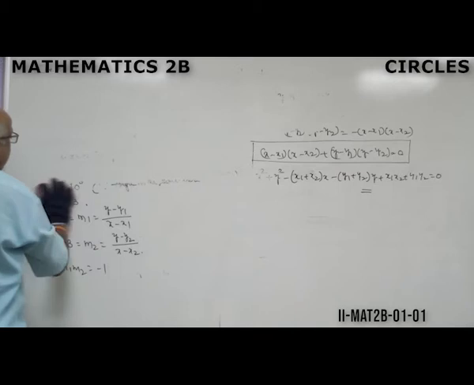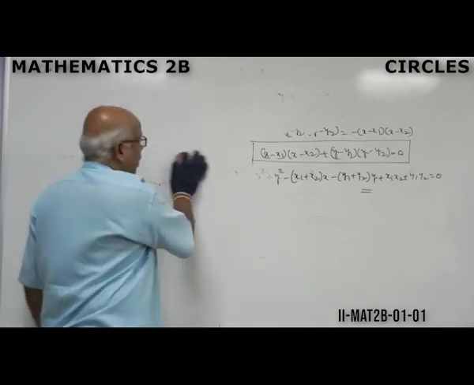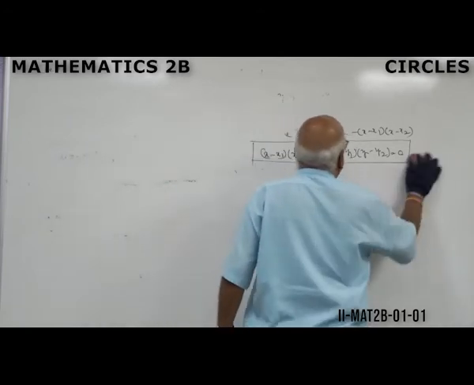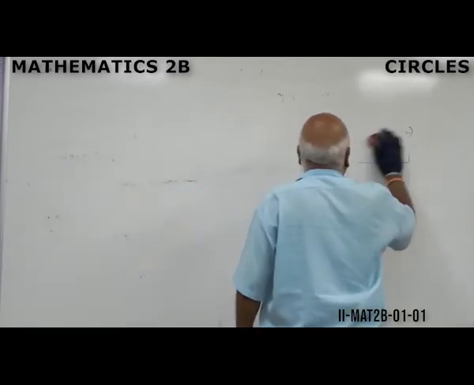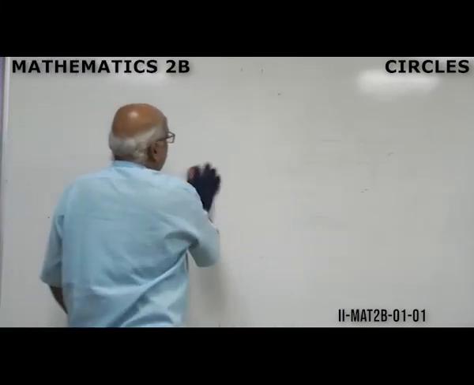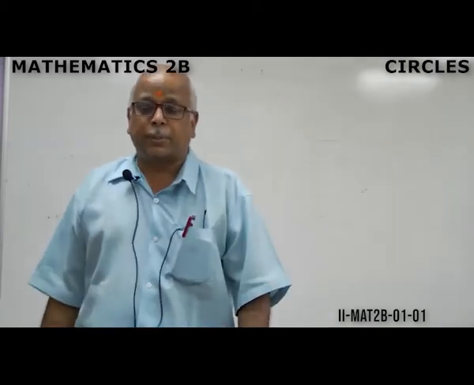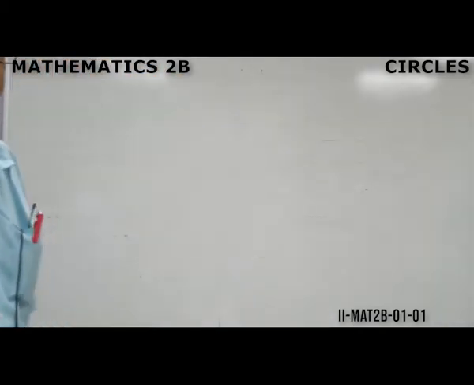Now, in continuation to that, there is another form of circle equation which is called the parametric equations of the circle. Actually, what is meant by parameter? The topic related to this originated from polar coordinates.